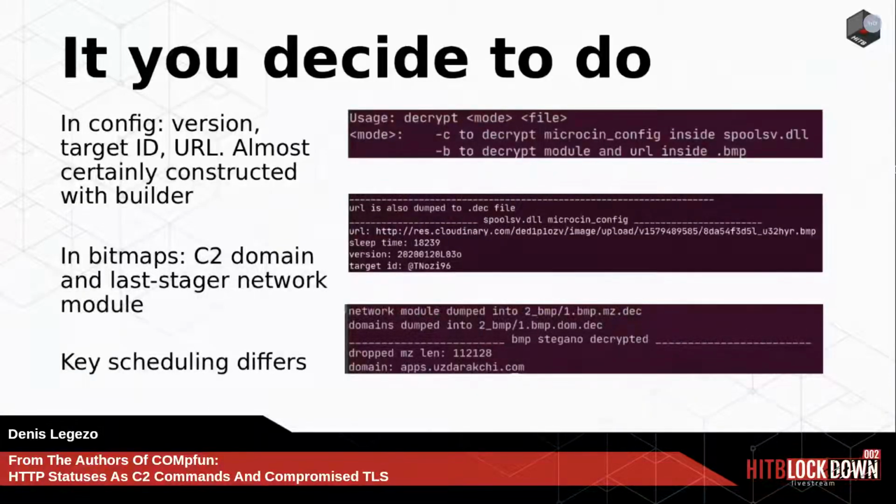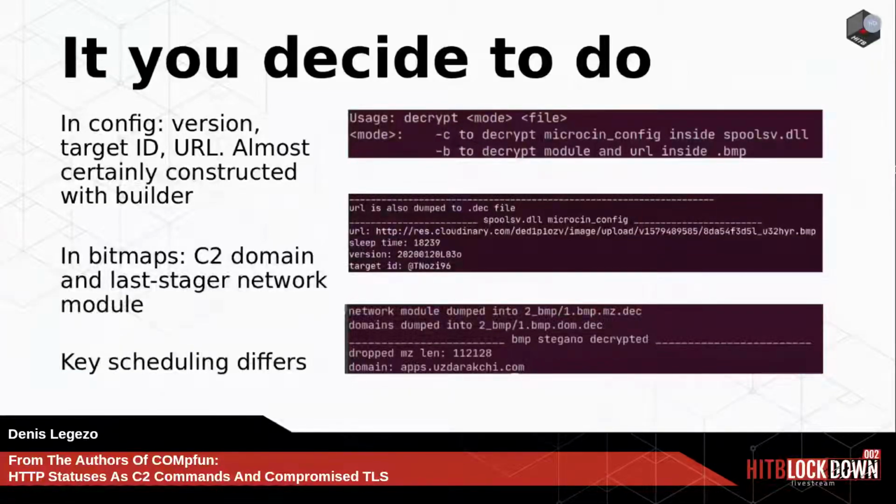The key scheduling differs because of the size, since the config is much smaller than the BMP, and the algorithms are quite custom. From the configuration, it could get the target ID and the URL of the picture.